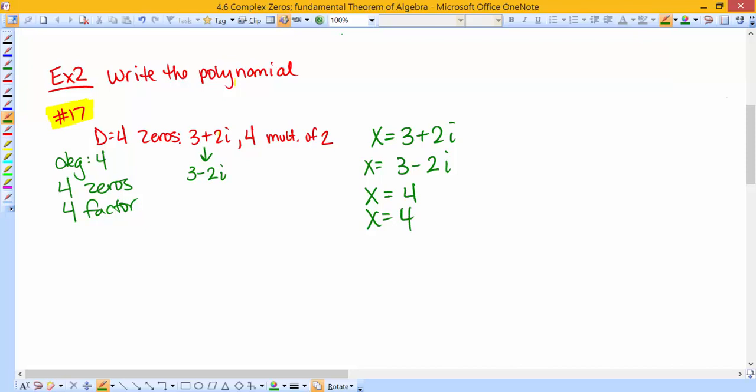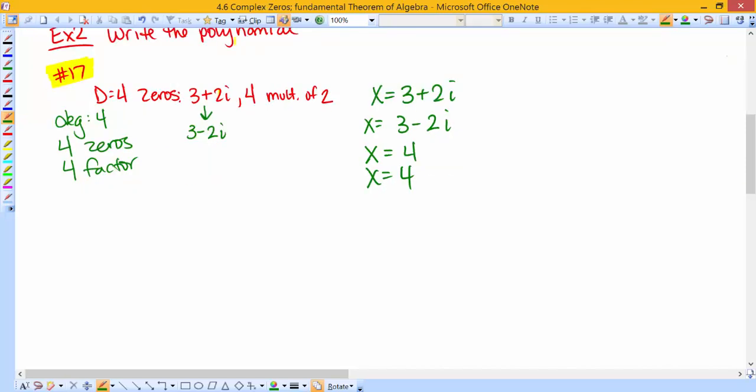So now I'm going to write this in factored form. Since these are zeros, we need to understand how this is what made the factor 0. So what did this have to be first? This had to be x minus 4 in order for 4 to make it a 0. So this one will also be x minus 4.